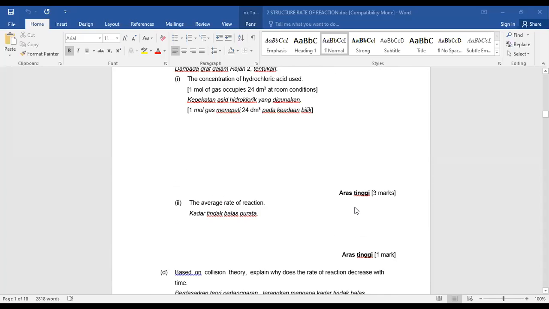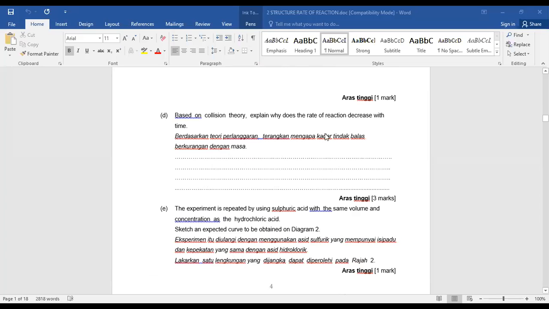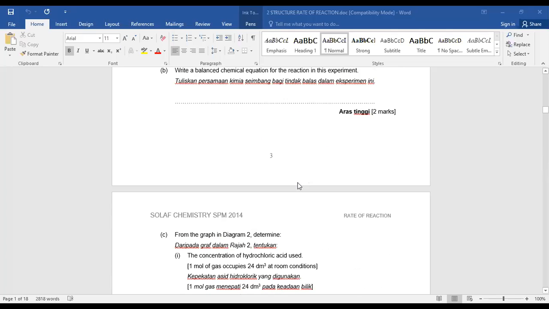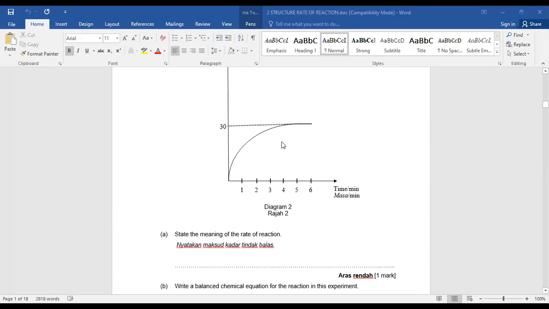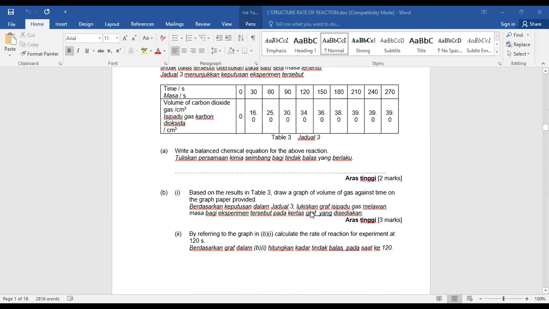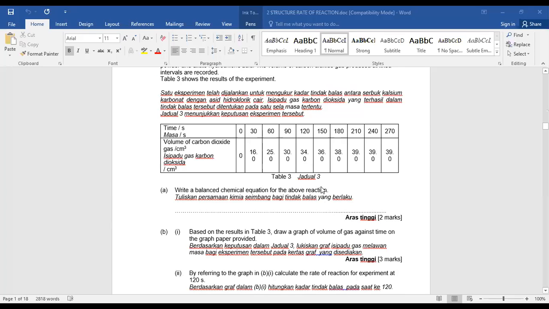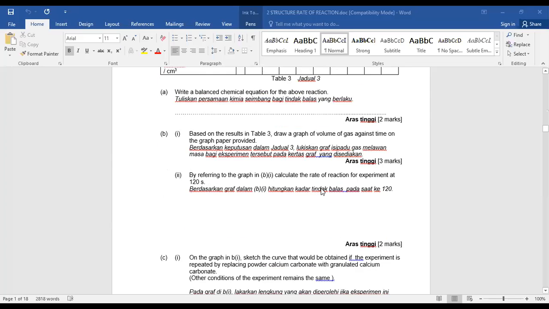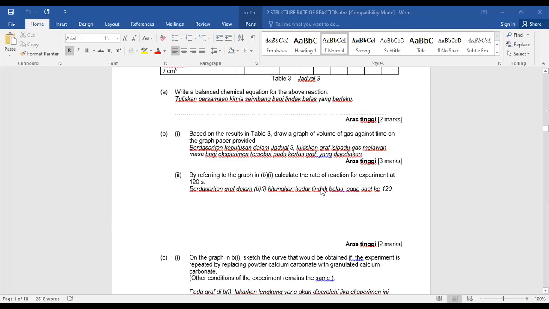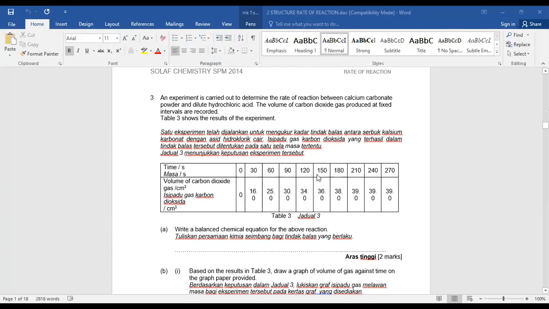Okay, now we continue. You have to explain based on the collision theory, and you are going to repeat this using the sulfuric acid. Sketch the curve on the question given here. Now question number 2 is your homework, and also question number 3, your homework as well. 2 and 3.